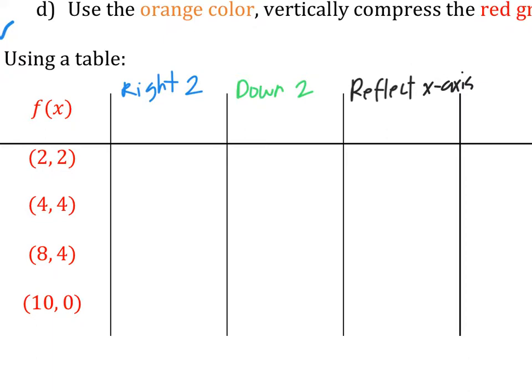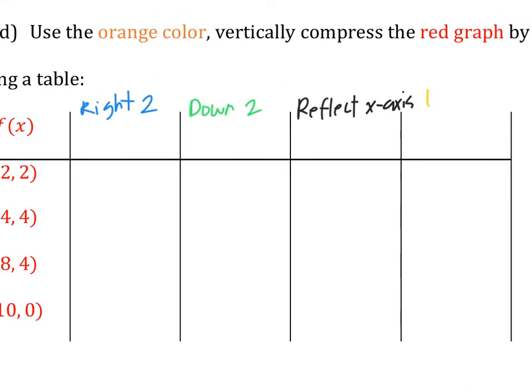And then the last one was vertical compress 1/2. And then we're going to look at how this all looks when we're actually moving the function f of x. I'm going to start with down 2 first, and then come back to right 2 because right 2 is the trickier one.